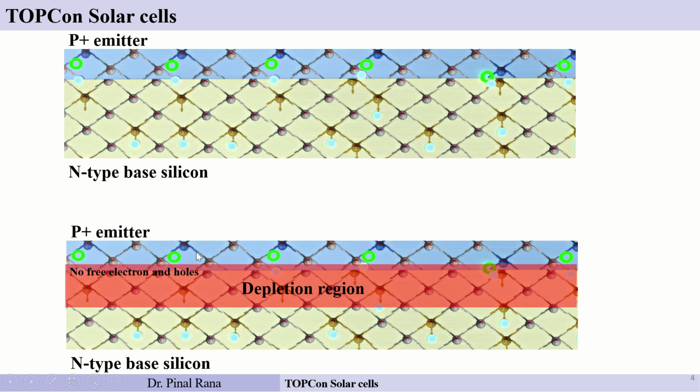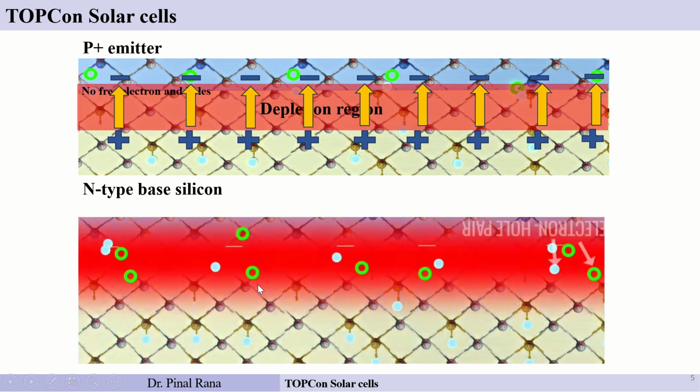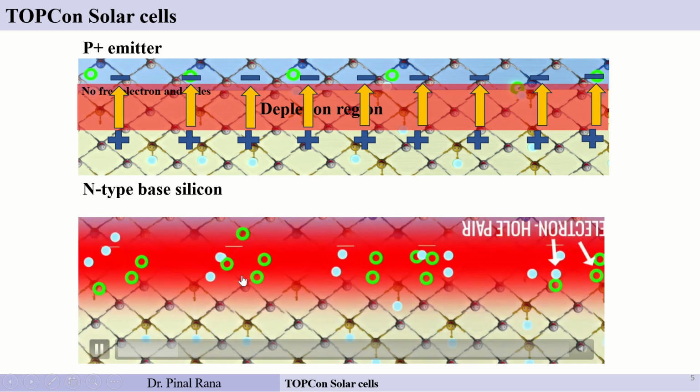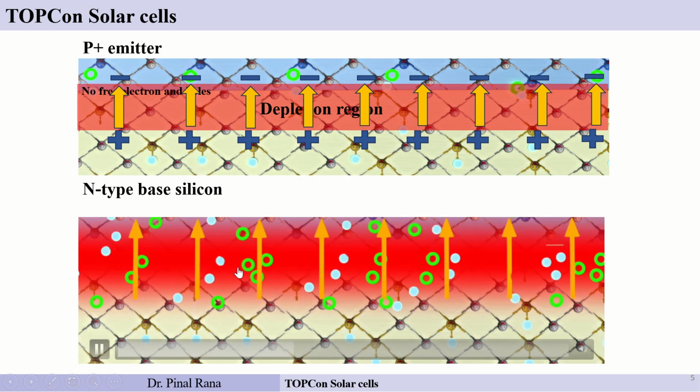If this thickness is high, light will not reach the depletion region. That's why by giving a smaller thickness with a highly doped P-type emitter, or boron doped, it is possible to get more sunlight to the depletion region. Once the light reaches the depletion region, as shown in the figure, it creates more free electrons and holes.